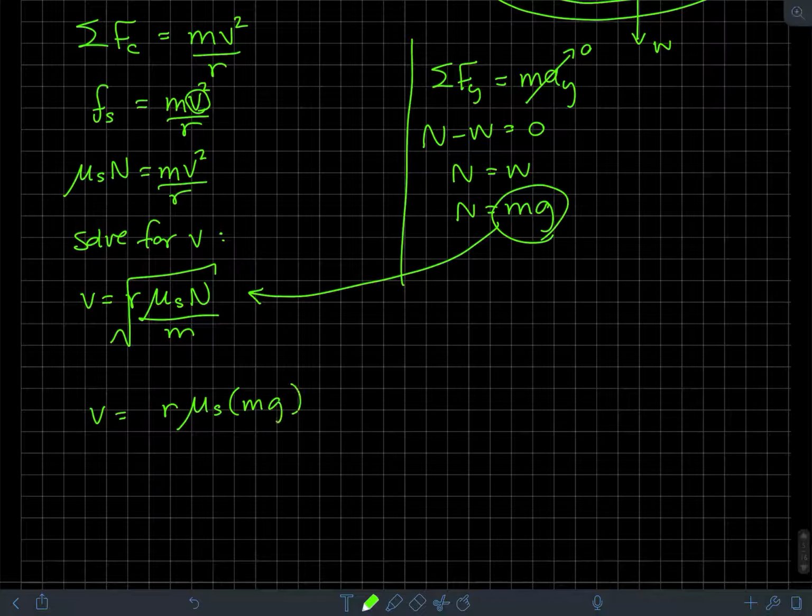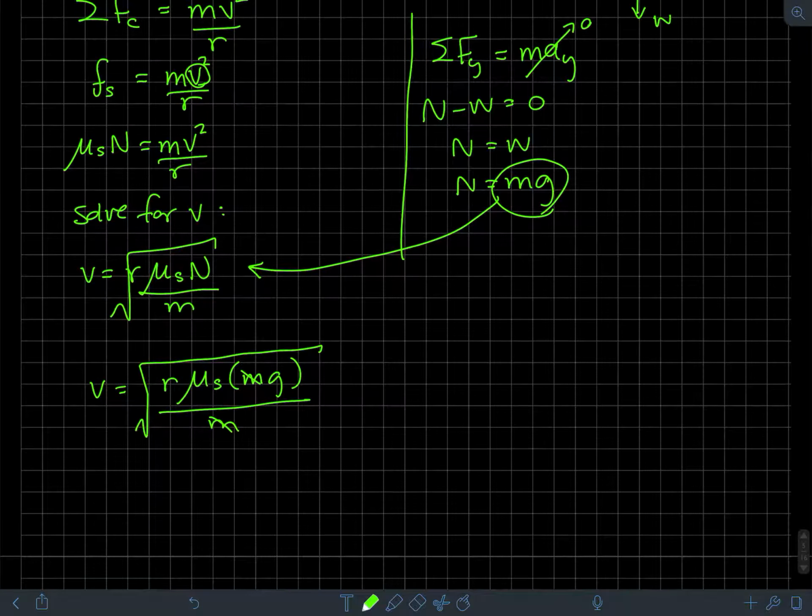Now look at our expression. Notice how the masses cancel out. So this is saying that the speed needed to get this coin to start to slide is given by this very simple expression here. And notice that it only depends on the radius of the curve. How big is the radius? It depends on the coefficient of friction, how sticky are those surfaces, and then the acceleration due to gravity.